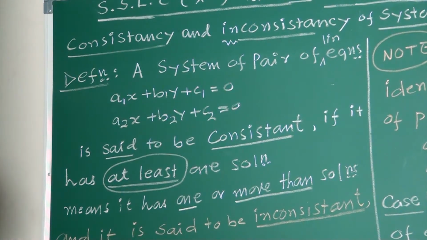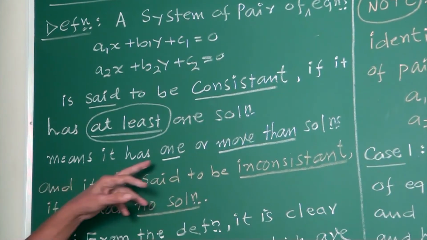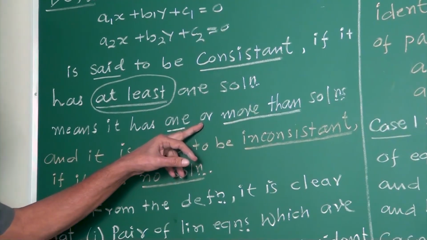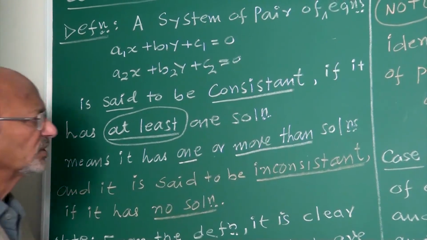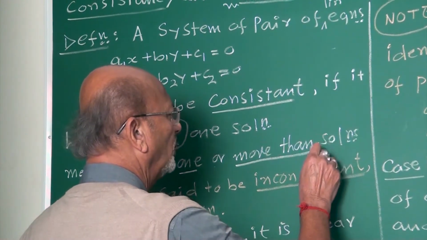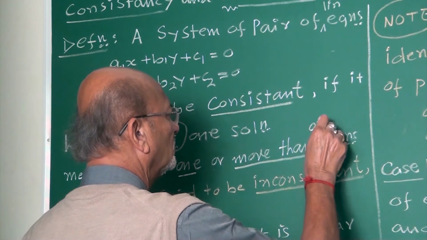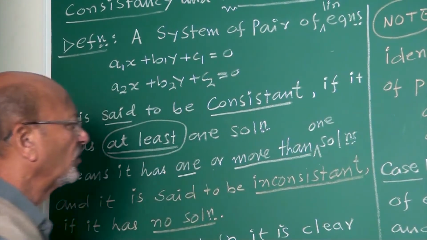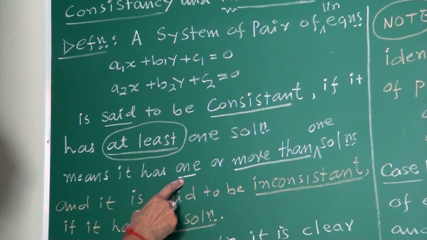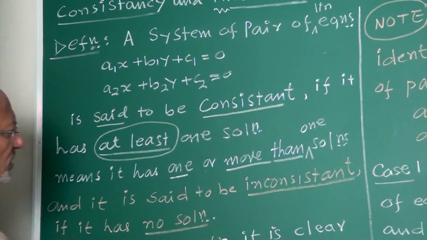At least one solution means a minimum of one, and the maximum can be any number of solutions. Therefore, it has one or more than one solution.